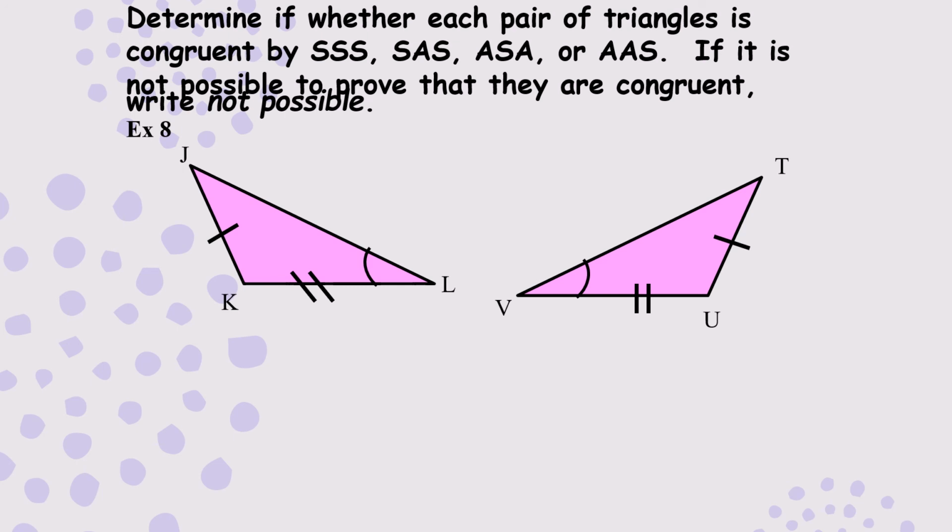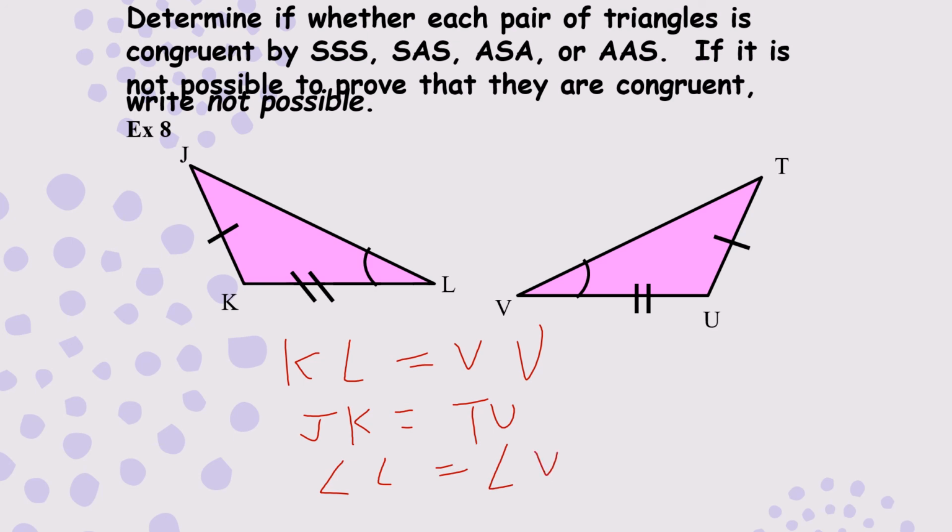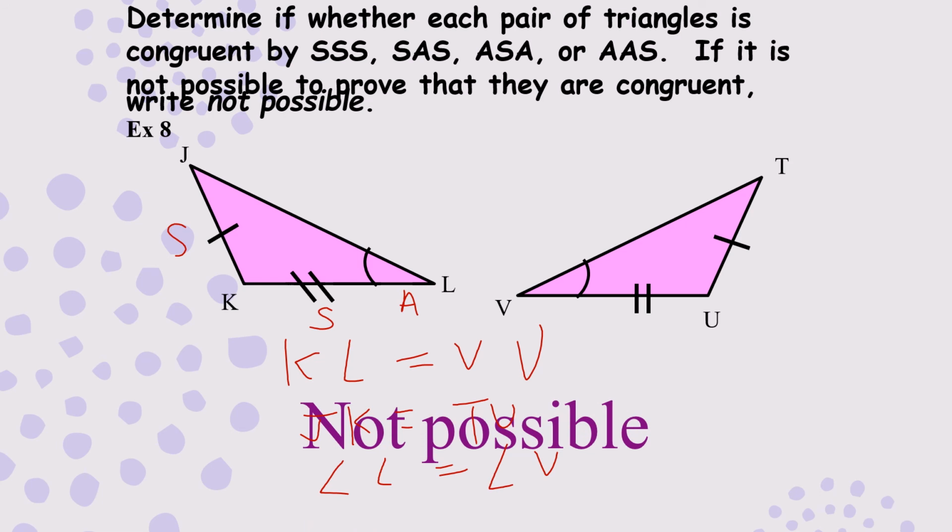See, here we can see that KL is equal to VU, then JK is equal to TU and angle L is equal to angle V. So this is side, side and angle. But we know that side, side, angle does not exist. So proving these two triangles congruent is not possible.